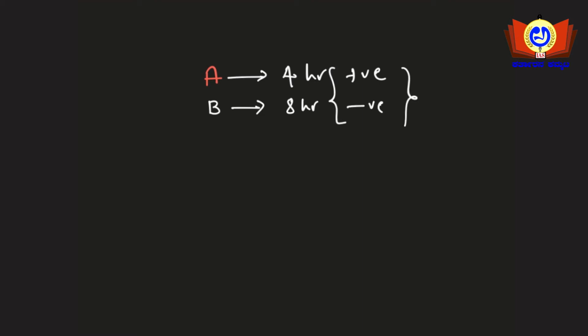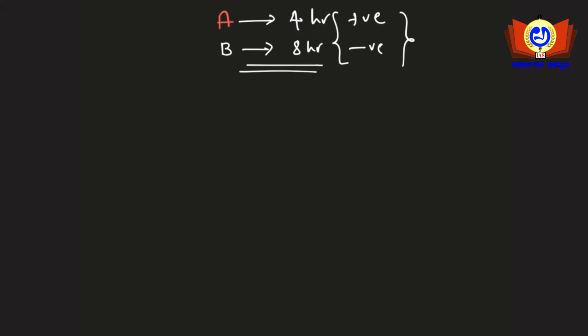See friends, what they have given here is a pipe A. It takes 4 hours to fill up the tank, so positive work. Similarly, pipe B is an outlet. It takes 8 hours to empty the tank, so this is the negative work. Yes or no? So what will the net work be?